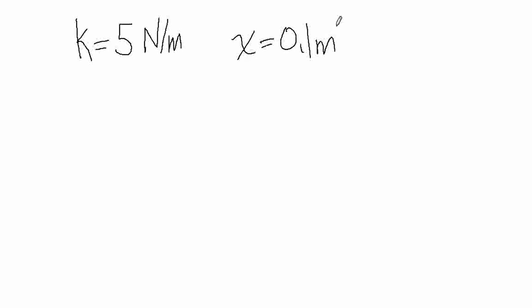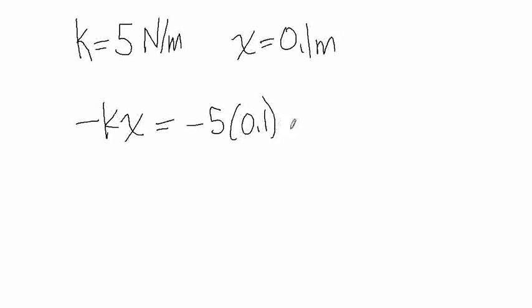Okay, so what is the force that the spring is applying to the object, and what is the corresponding spring potential energy? Well, to calculate that, we would calculate minus kx, and so that would give us minus 5 times 0.1, or minus 0.5 newtons.